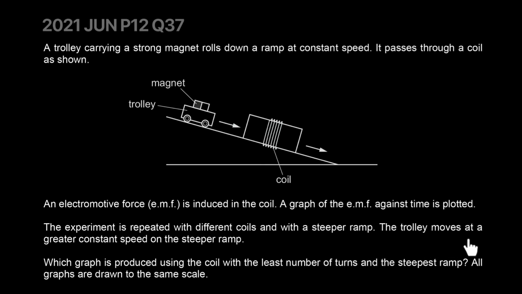The trolley moves at a greater constant speed on the steeper ramp, so it'll move faster, and I guess they're trying to tell us it's at constant speed but faster. So maybe it's traveling for a while and has attained terminal velocity. Which graph is produced using the coil with the least number of turns?